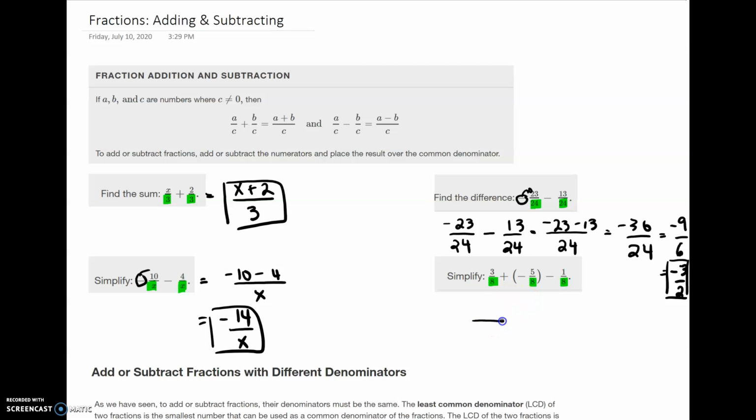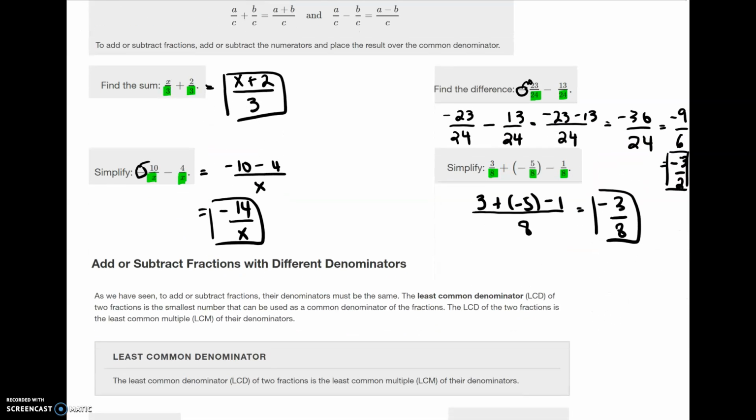I can rewrite everything over my denominator, which is 8, and I'm just adding together the 3 plus the negative 5, and then I'm subtracting 1. So 3 plus a negative 5 becomes negative 2, and then I subtract 1, which would become negative 3/8. And that is the last example here for just having the same denominators.